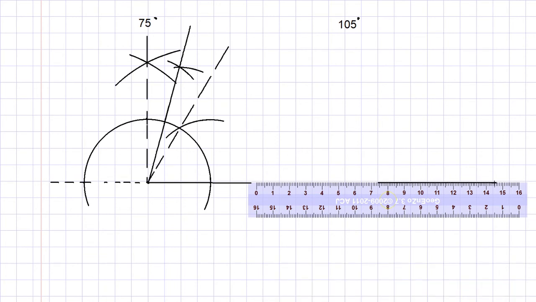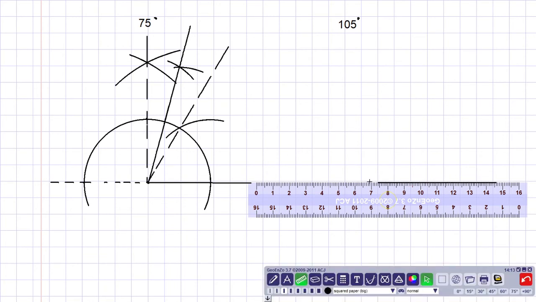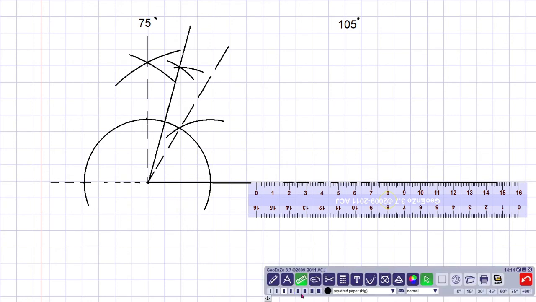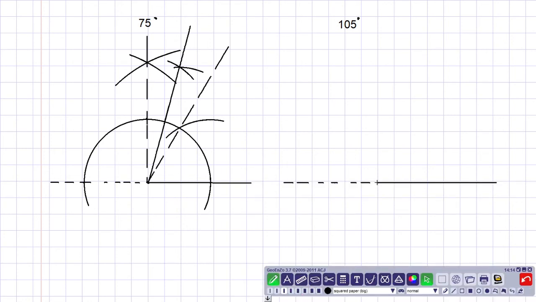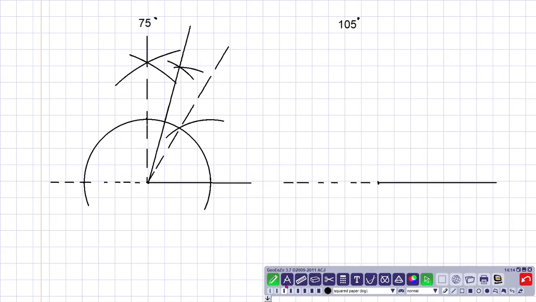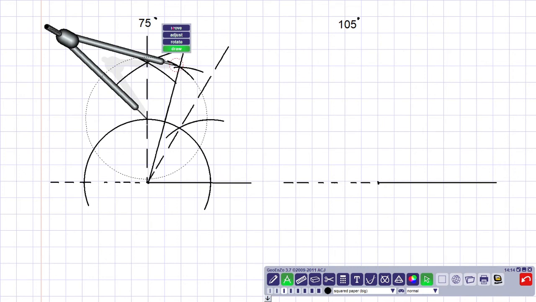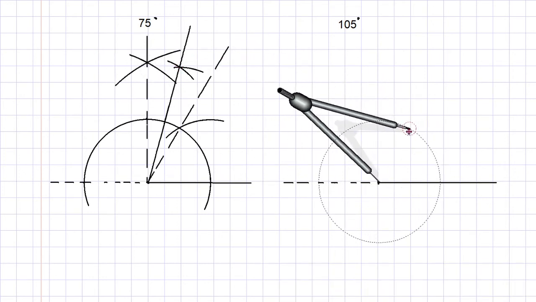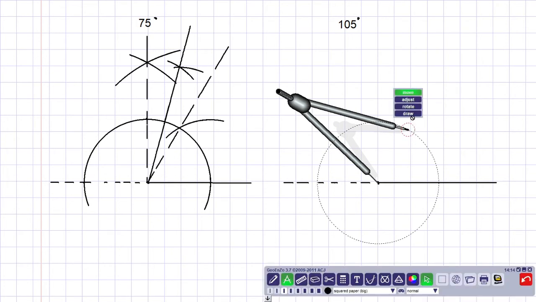Draw straight line. Using dotted lines, produce the other half. This is the vertex of the angle. I will place the compass there to construct 90 degrees angle.